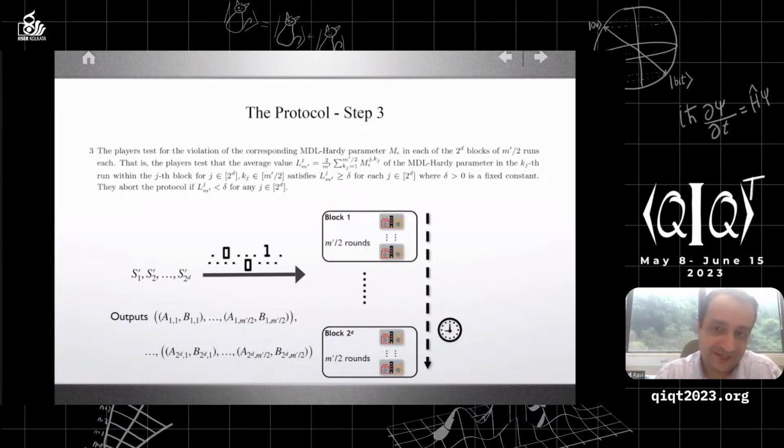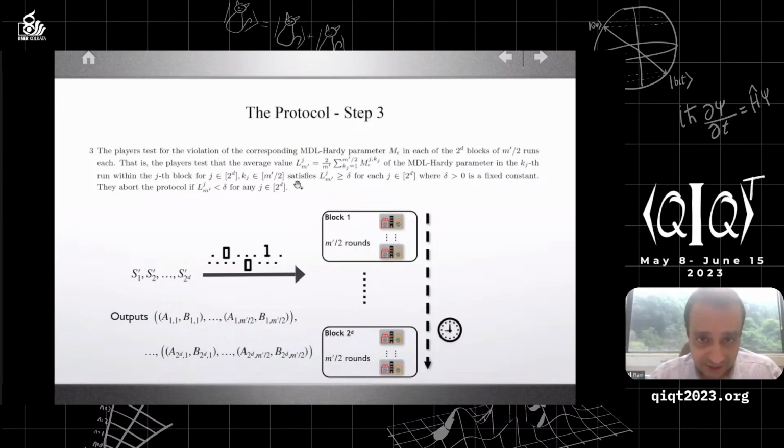The third step is the estimation procedure. The players test for the violation of this Hardy parameter in each of these 2 to the d blocks, which means they test the average value of a particular Bell type parameter, which we call the MDL Hardy parameter.